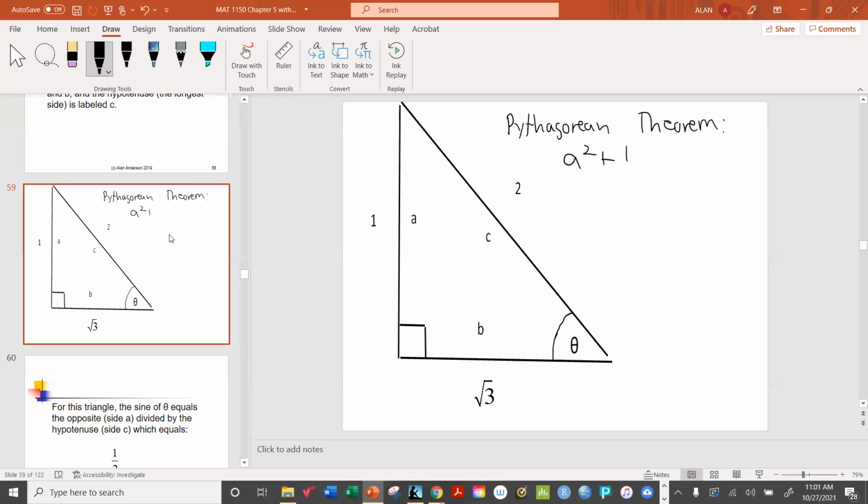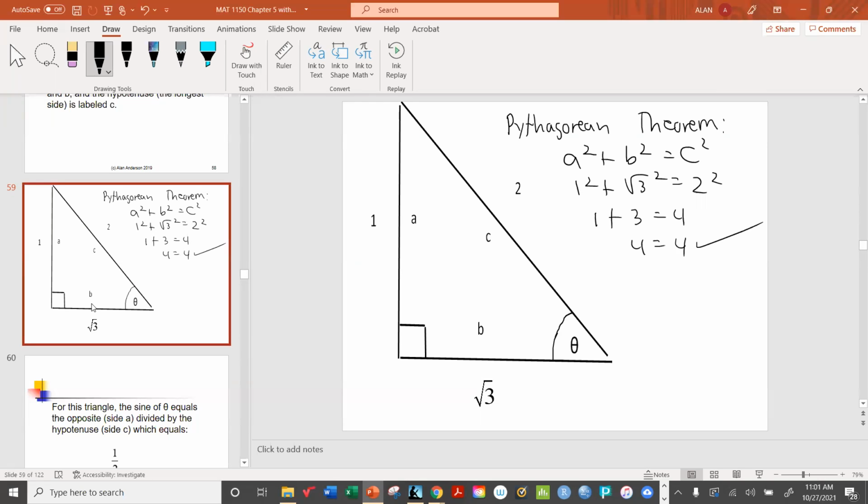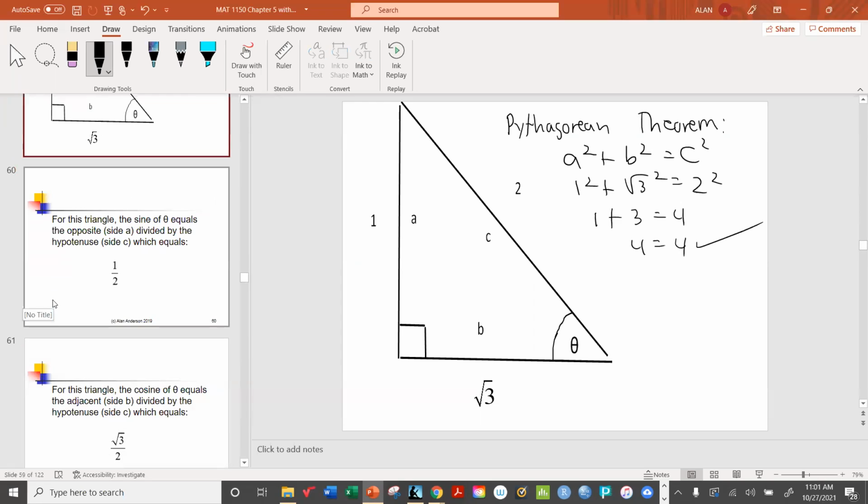Everyone remembers this, nobody forgets this one. And you can see that's true here: 1 squared plus radical 3 squared is 2 squared.